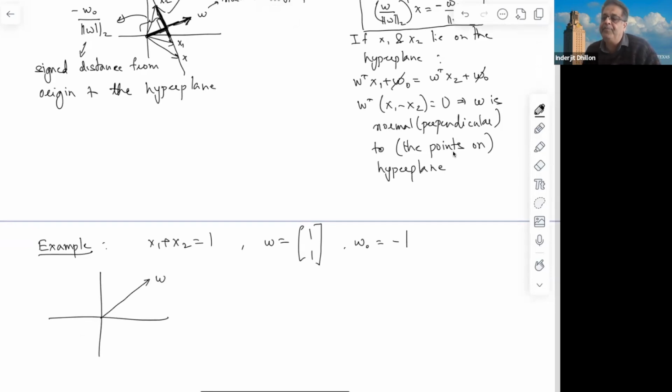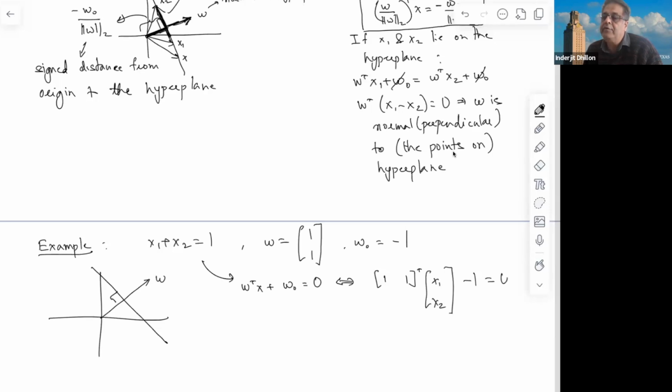That is W, and my normal to the hyperplane is this, a perpendicular over here. And W transpose X plus W naught equals 0 is the same as (1, 1) transpose (X1, X2) minus 1 equals 0.